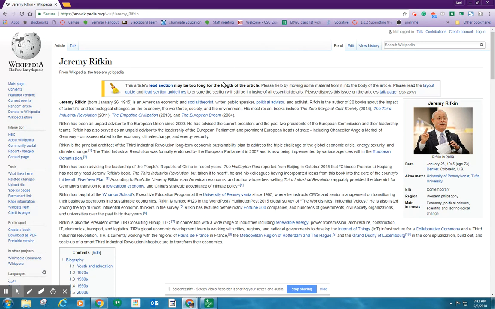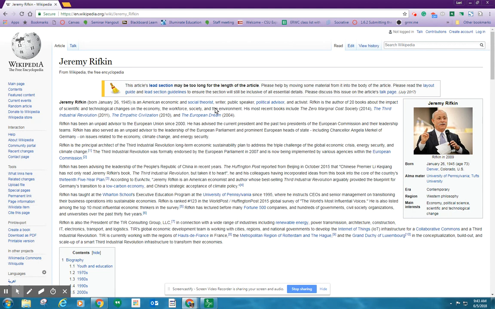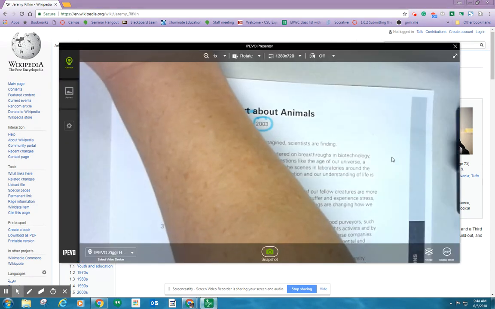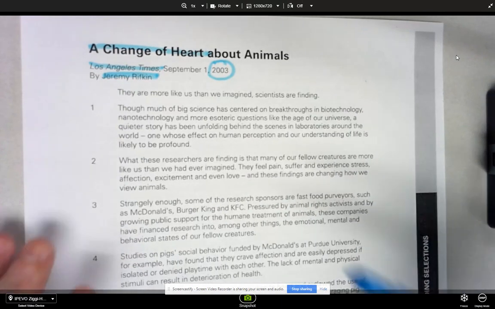So I see that he is an economic and social theorist, political advisor, public speaker, and he wants to talk about the impact of scientific and technological changes on the economy and the environment. So now I'm getting the idea that this probably has to do with environmentalists, something to do with animals. So I give myself a general idea of who the author is.